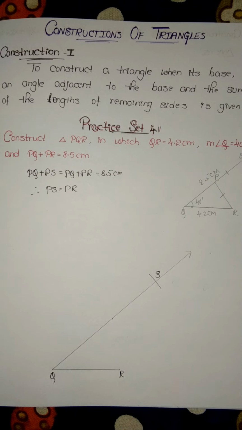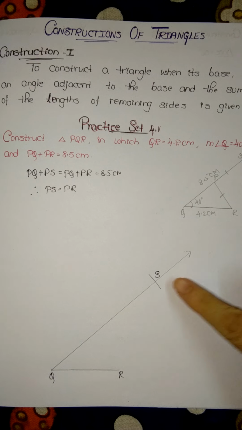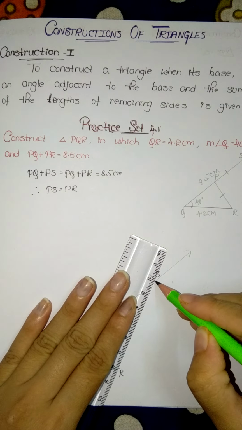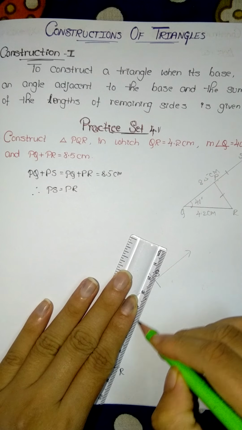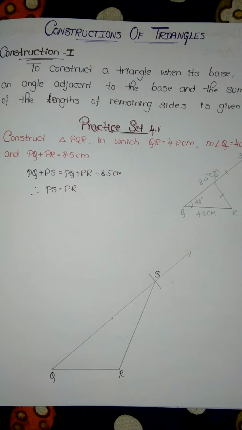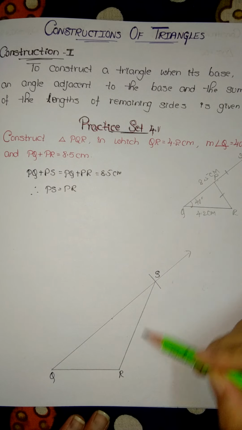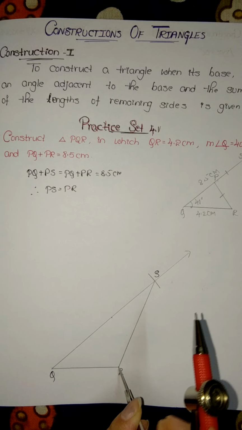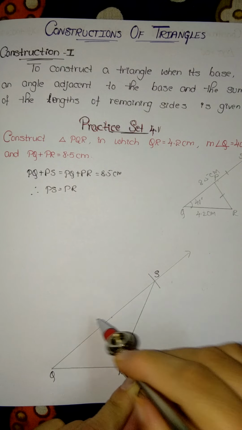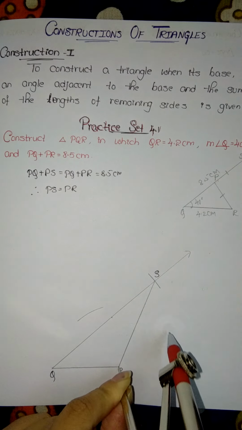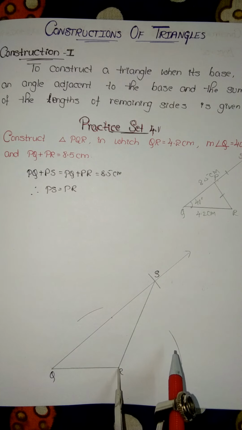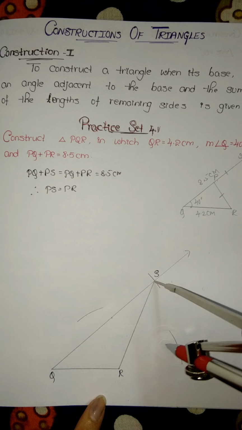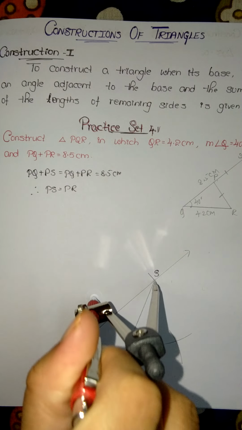Now join these two, S and R. Now take the perpendicular bisector for this SR. How to take a perpendicular bisector? Take a measurement more than half and cut an arc by keeping the compass on R. Now keep it on S and cut this point again.